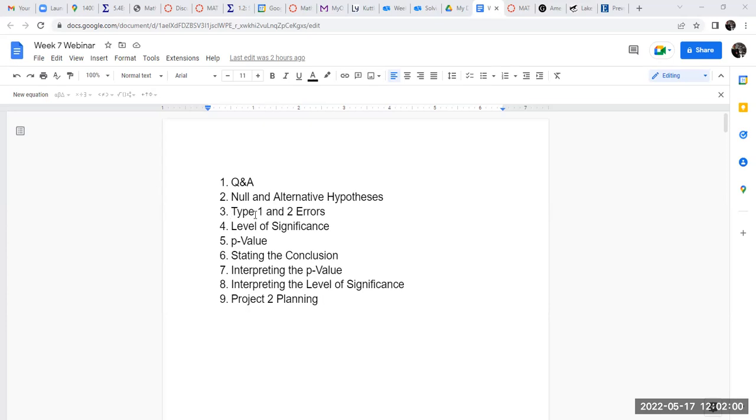You may not remember it because you were in 7th grade or so, but it's the same thing. You start out with your idea, which in statistics we're going to call the null and alternative hypotheses. And then you analyze what could go wrong, and that's called a type 1 error and a type 2 error. Then you decide on the level of significance, which is very similar to the confidence level.